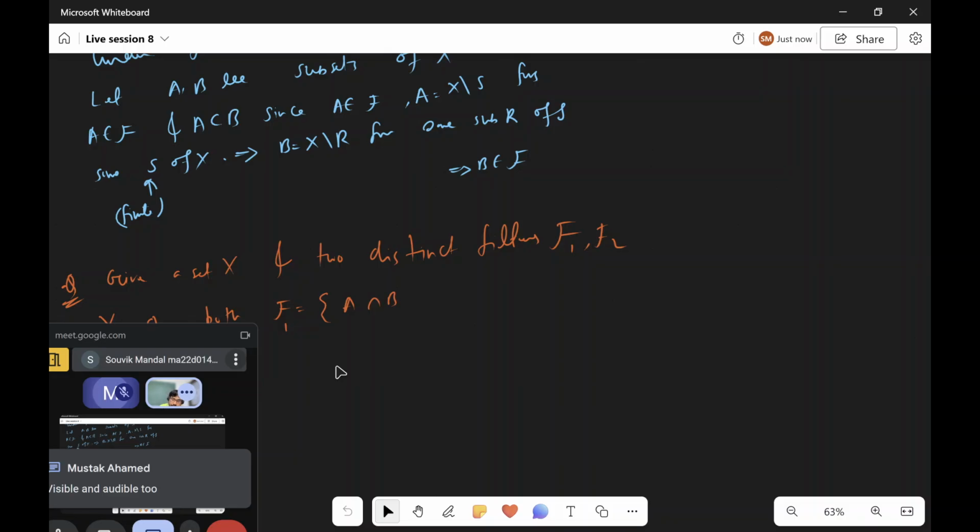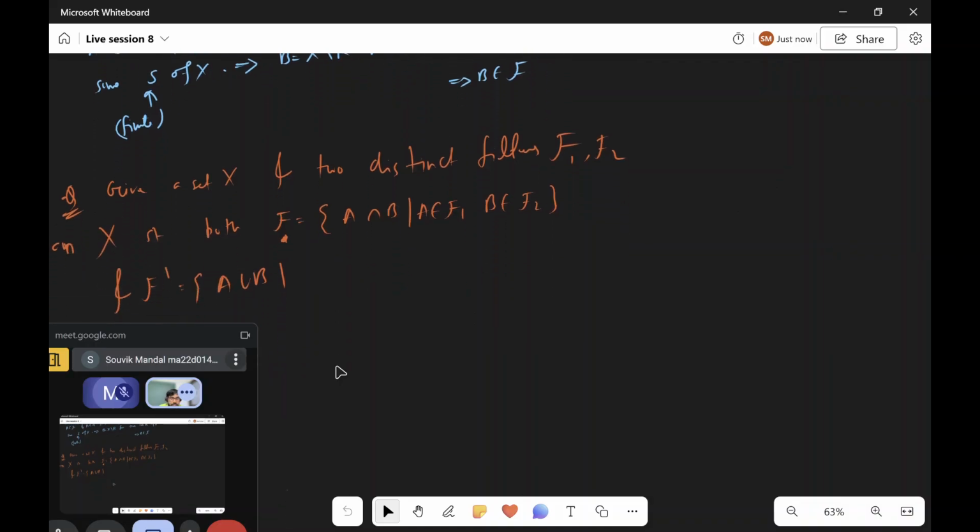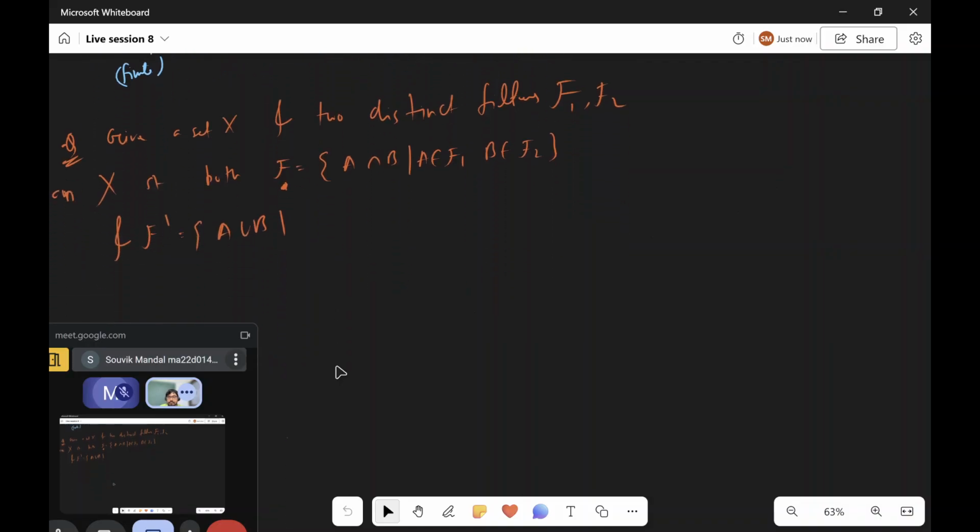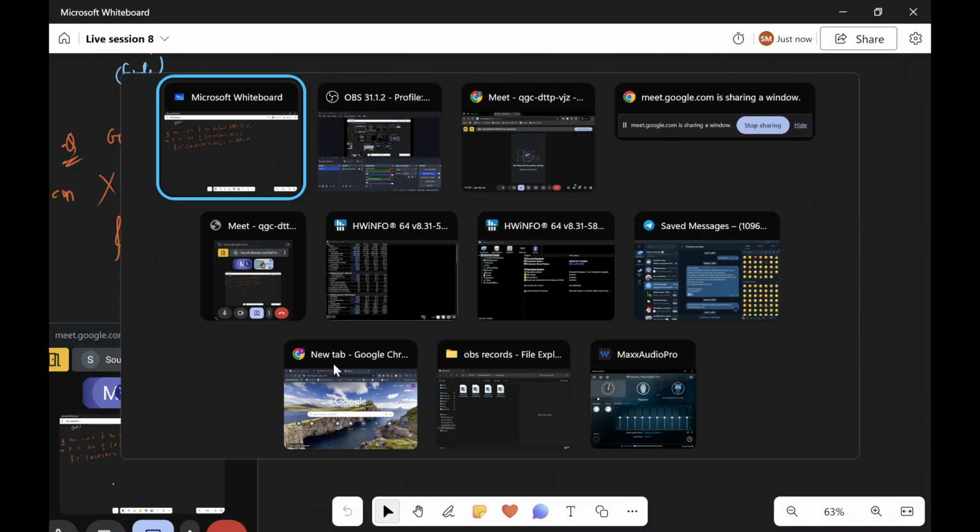Then F1 and F2 are filters, and consider F equal to all A intersection B such that A belongs to F1 and B belongs to F2, and F prime equal to all A union B such that A belongs to F1 and B belongs to F2. These are filters on X. Just hold a moment, please.